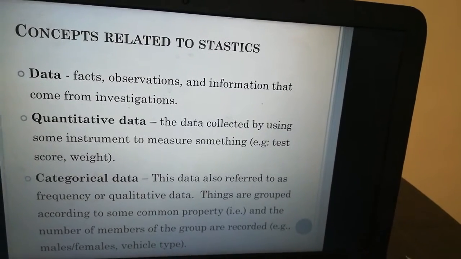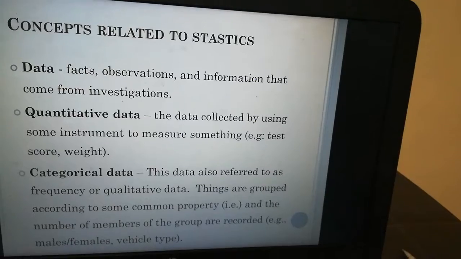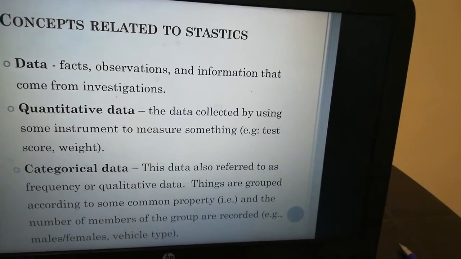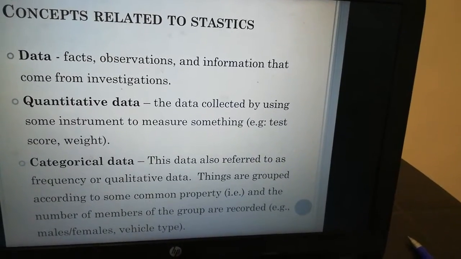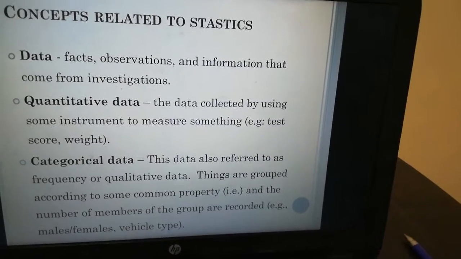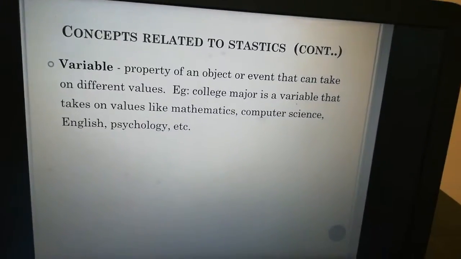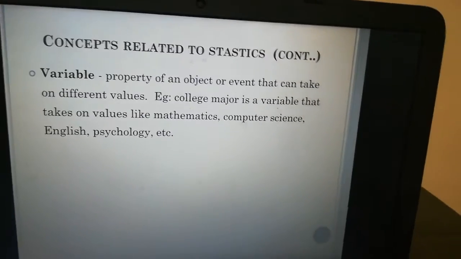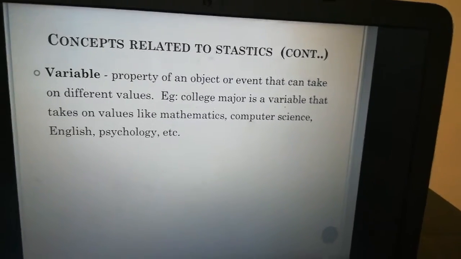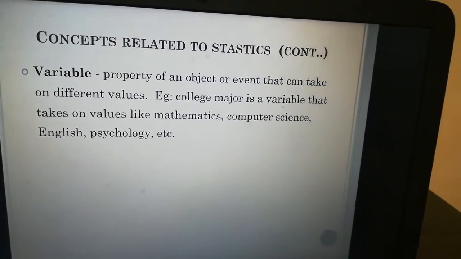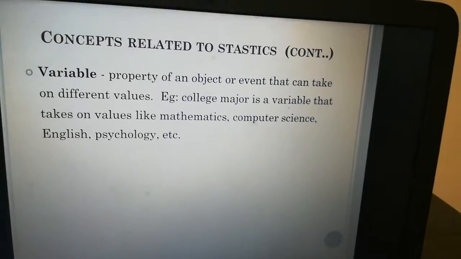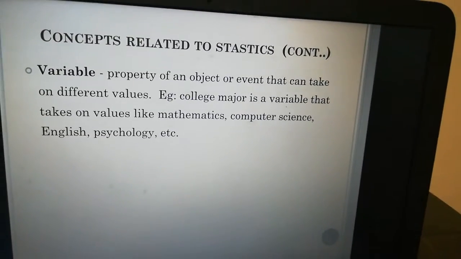Whereas qualitative data means according to their properties we are collecting the data and they are grouped, like male or female, vehicle type, etc. The other one is variable. It's the property of an object or event that can take different values.